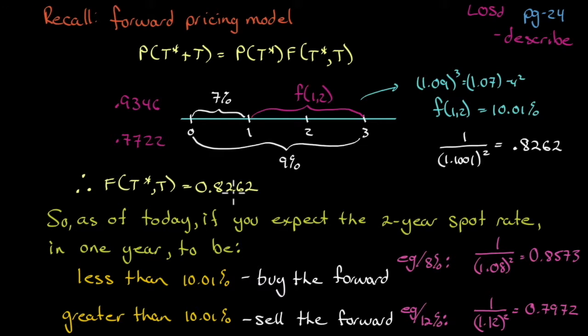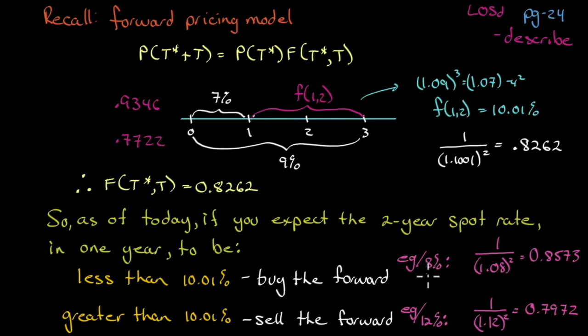Now, here are the big points here. As of today, this is the forward rate for a 2-year. So as of today, if you expect the 2-year spot rate in 1 year to be less than 10.01%, you would buy the forward.